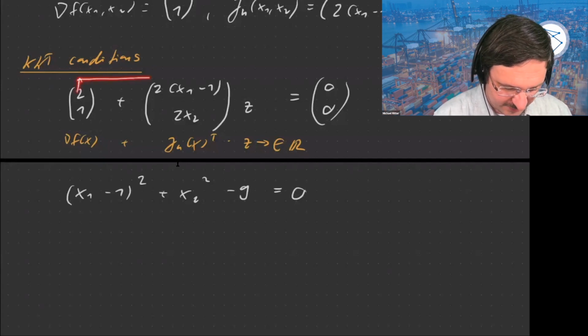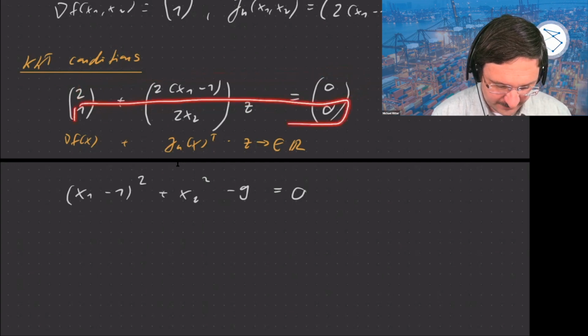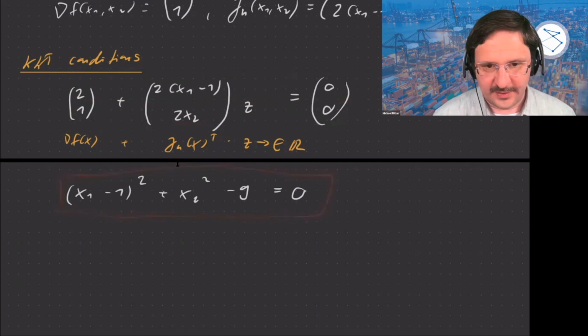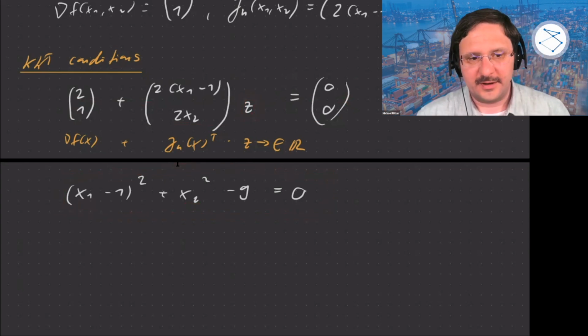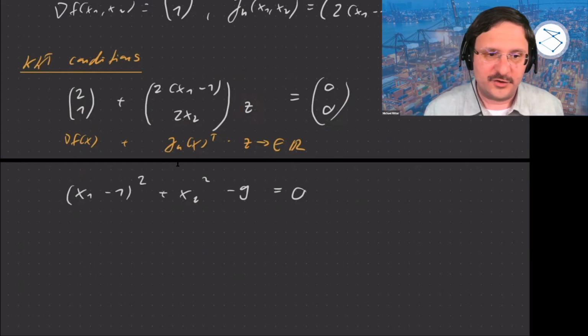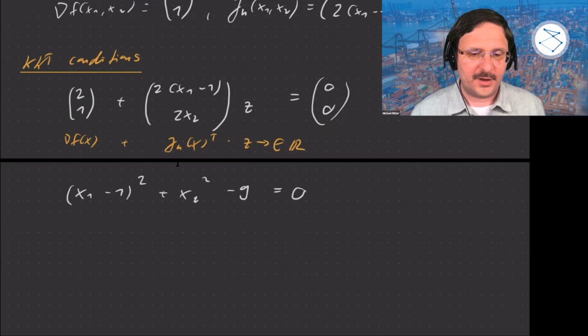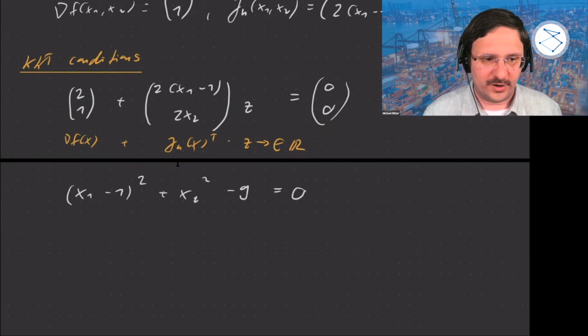Right? Here's one. Here's the second one. And here's the third one. And the variables are x1, x2, and c. So basically what we have to do is find all possible solutions of this equation system. And then those are our KKT points, our candidate points. And among those, we'll hopefully find the minimum that we want to find.